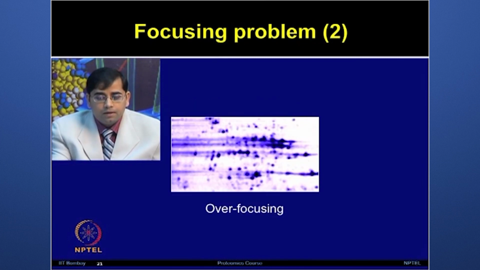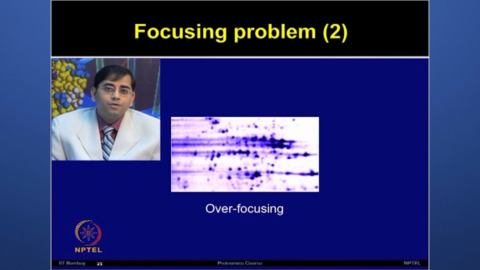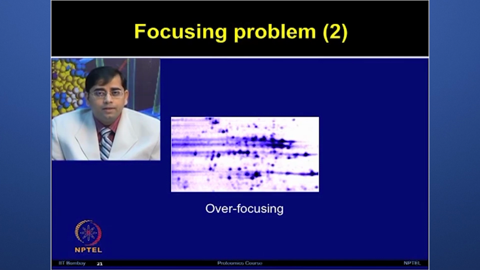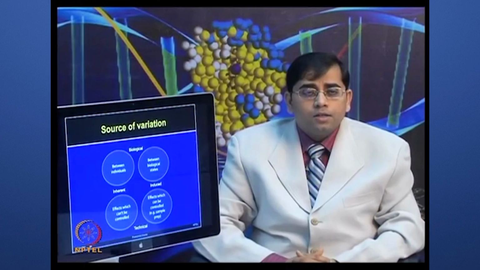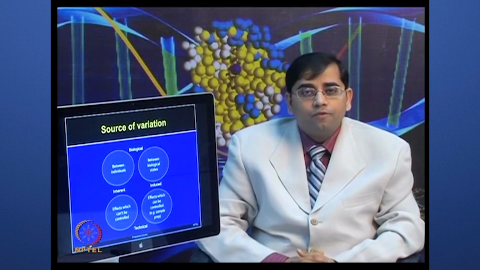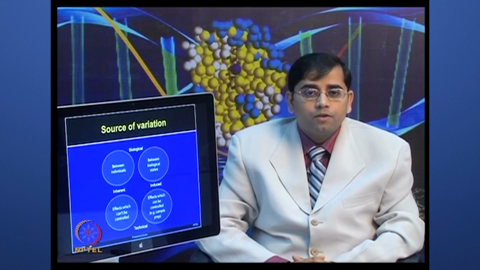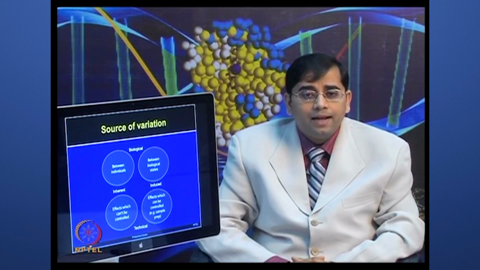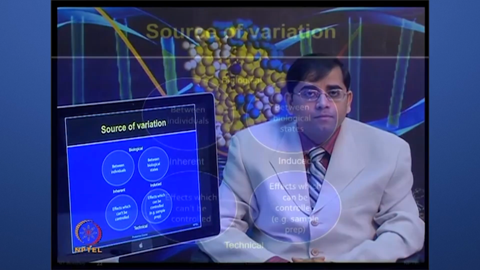If you have run too much voltage and the overall volt hours are very high, it may result in over focusing. So optimizing a focusing protocol for the appropriate duration and overall volt hours is very important. Different sorts of variations can be introduced from biological as well as technical means.